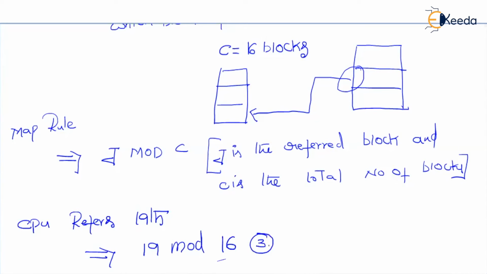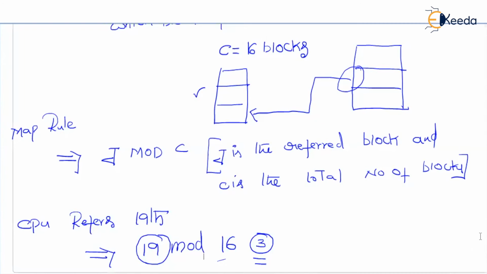So this will get mapped to the third block of the cache memory. Mod will give you the remainder. So 3 is the exact block number in which the 19th block of the main memory will get placed.